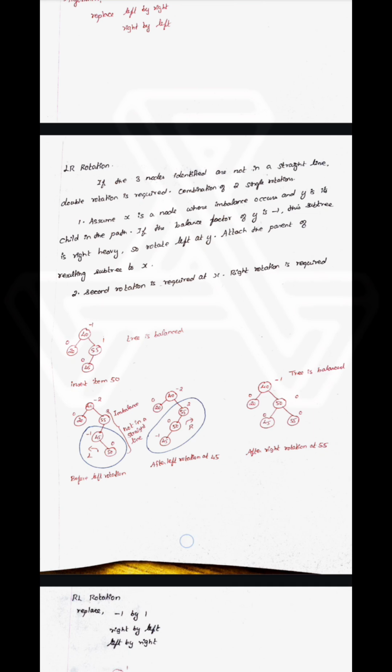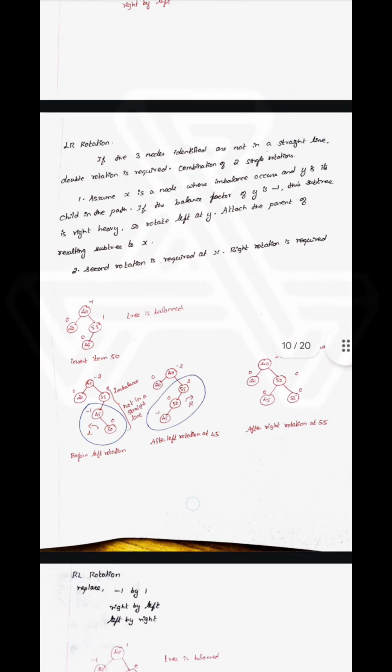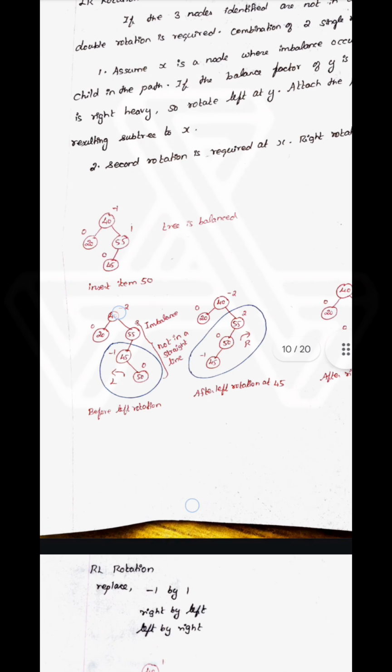If the balance factor of Y is -1, this tree is right heavy. So rotate left at Y, and attach it to the parent of the resulting subtree of X. A second rotation is required at X, a right rotation. Now here the balance factor is -1 for 40.